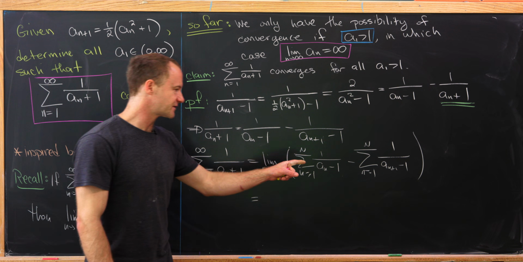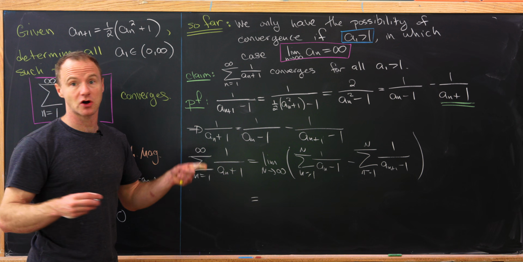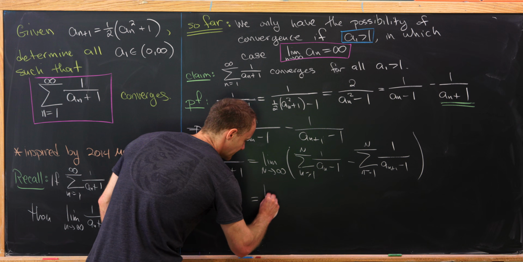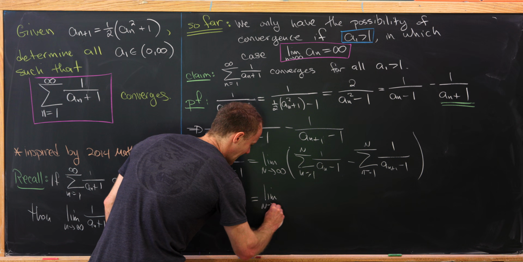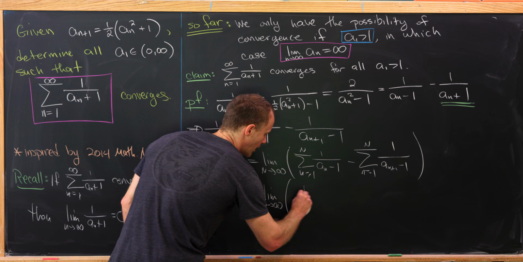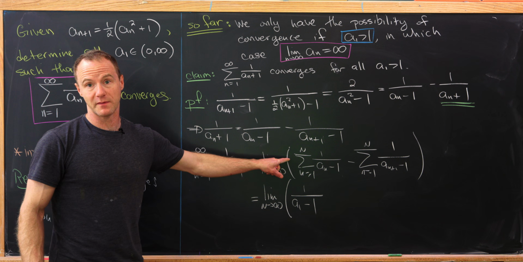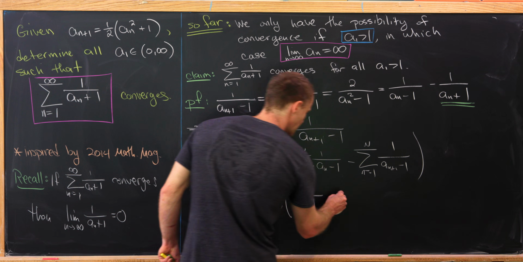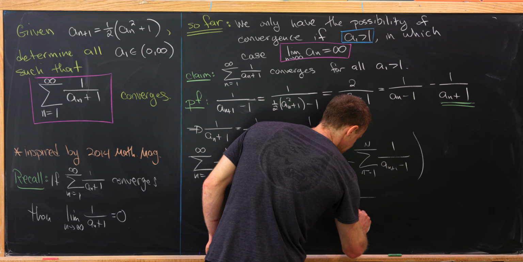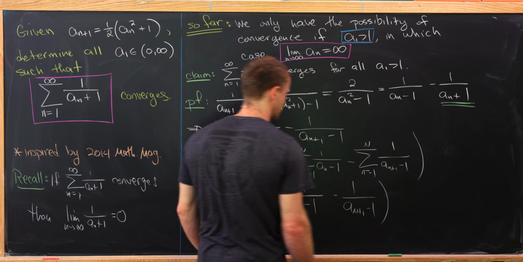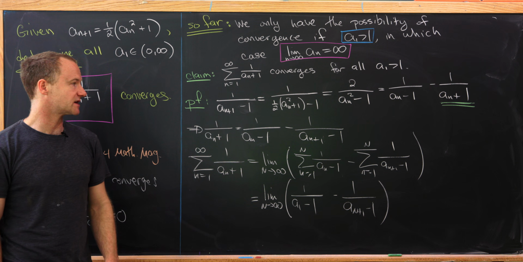So that means after taking all of the differences, that's all that remains. So that leaves us with the limit as capital N goes to infinity of 1 over a_1 minus 1, that's the remaining term from the first sum, minus 1 over a_{N+1} minus 1. That's all that remains in the second sum.